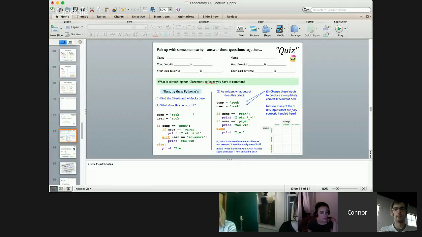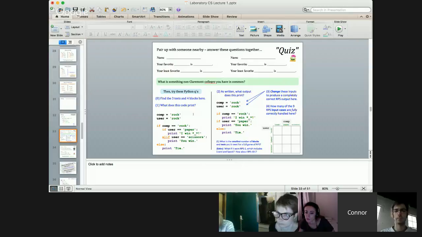Change the input, and we can make this an accurate event. But I think if we change this to scissors, and this to paper, we can change that.